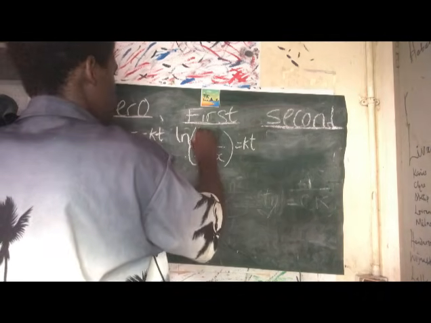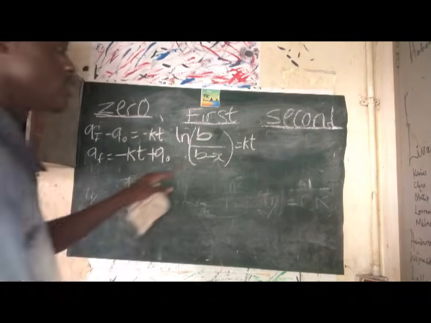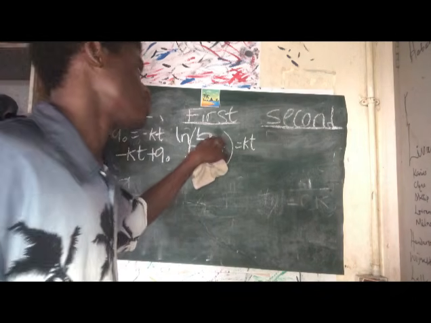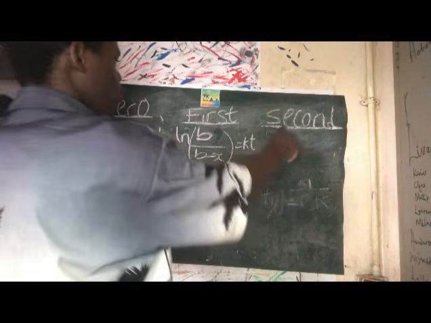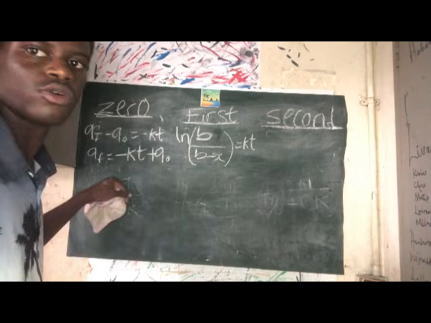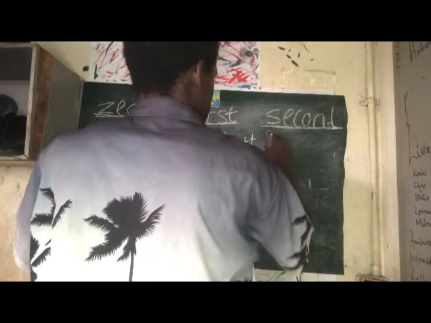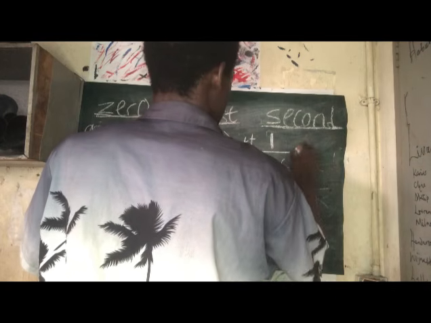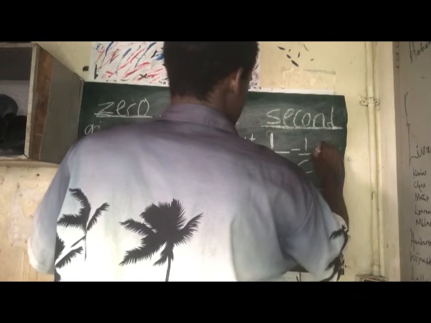This one is the initial concentration, and this one is the final concentration after the reaction. While for our second order, 1 over c minus x minus 1 over c is equal to kt.